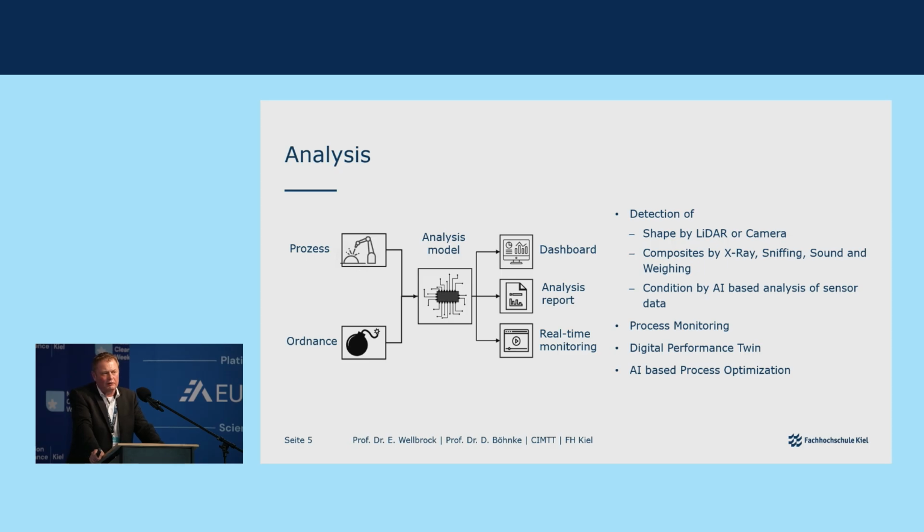We know, for example, camera systems. We can also use sound. Whether my object is filled or not, we can hear this by the sound. We can use special technologies like X-ray. But altogether, we have to use special analysis methods, probably supported by artificial intelligence.